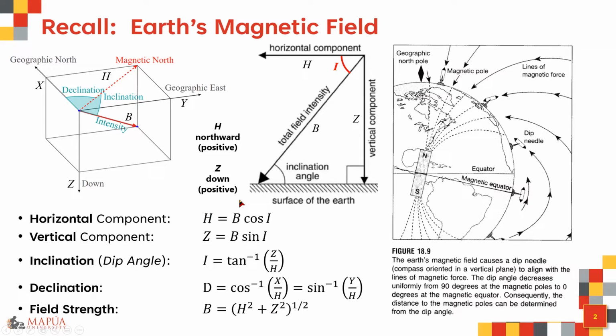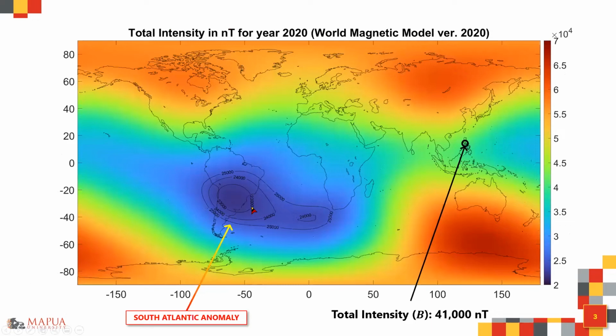Okay. So if you're going to graph those values using, let's say, the World Magnetic Model of 2020, the total magnetic intensity in nanotesla on the Earth's surface is given by this contour graph, wherein the redder regions imply that the magnetic field intensity there is larger than in the blue areas.